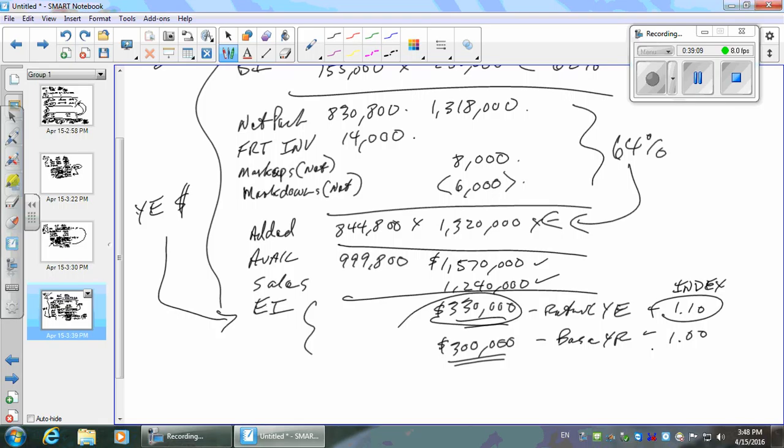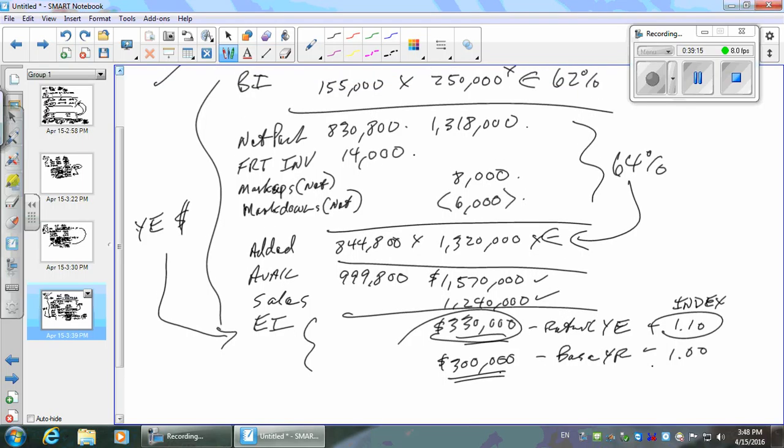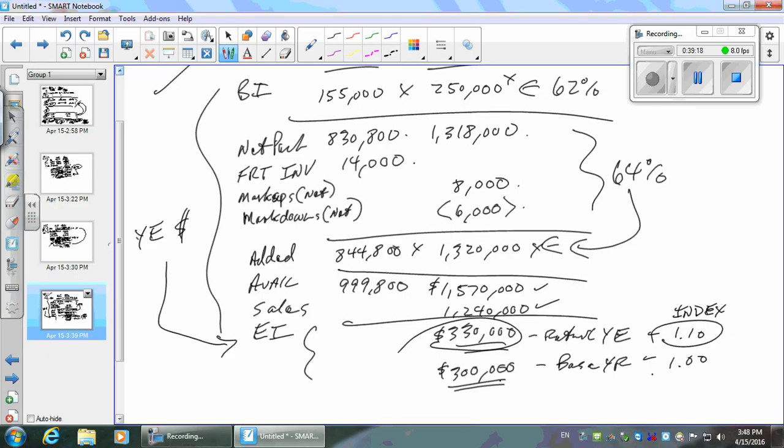All right, so now what do we do? I know the 300 in base dollars, and what did I start with in base dollars? Beginning inventory was how much? 250. So take your 300 and say, how much is from base? 250. You agree with that?